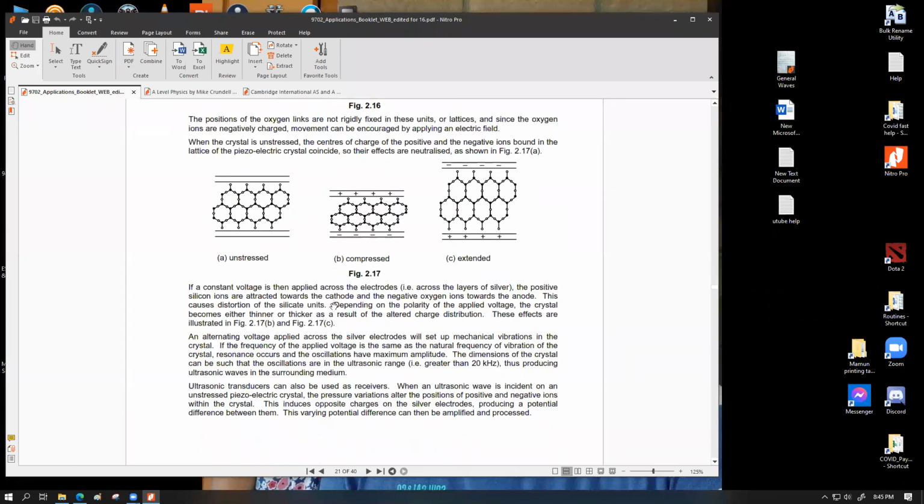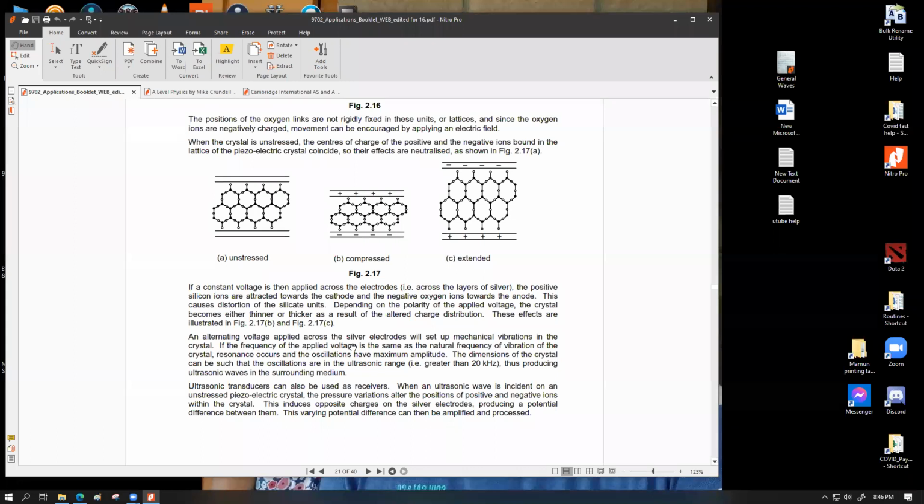So if a constant voltage is applied across the electrodes, that is across the layers of silver, the positive silicon ions are attracted towards the cathode and the negative oxygen ions towards the anode. This causes distortion in the silicate units. Depending on the polarity of the applied voltage, the crystal becomes either thinner or thicker as a result of the altered charge distribution. These effects are illustrated in figure 2.17b and figure 2.17c.